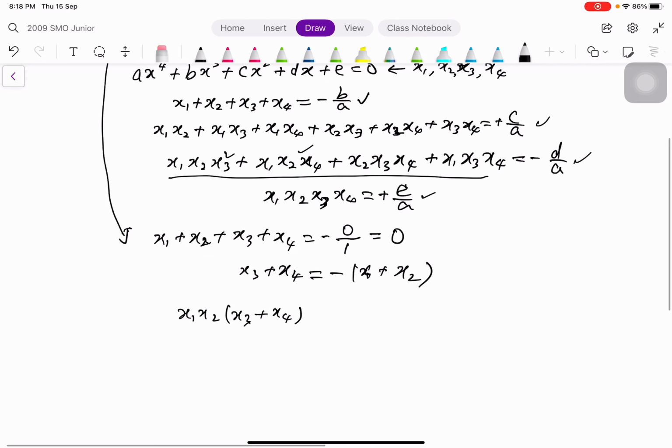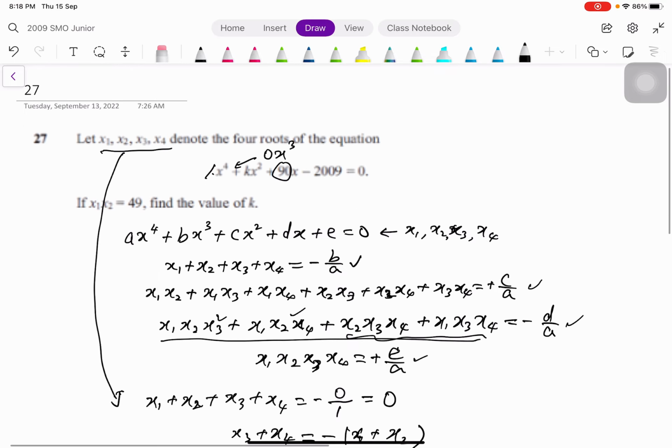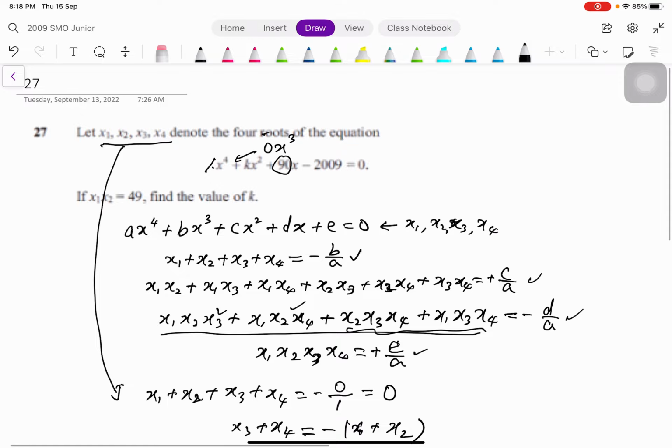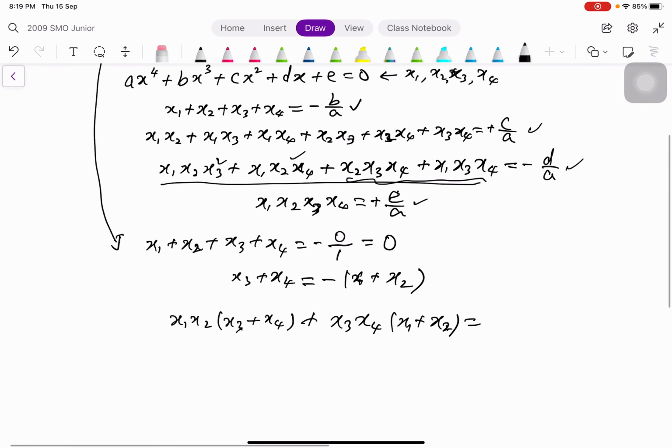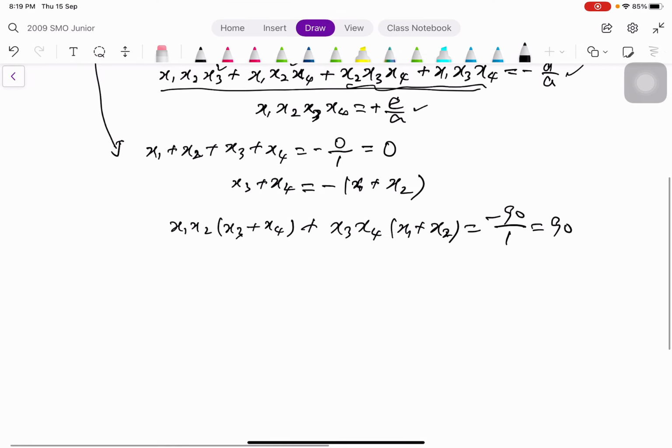And if I combine these two terms, I will get x3x4 times x1 plus x2. That will be equal to what? This is negative, this is positive, positive, and this is negative. Therefore, this is minus 90 divided by 1. The answer is minus 90.